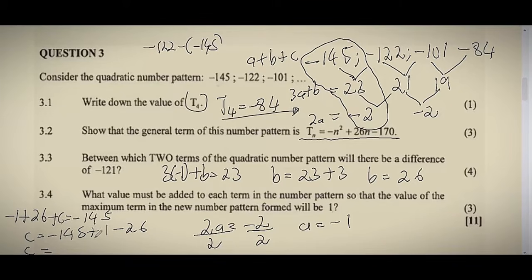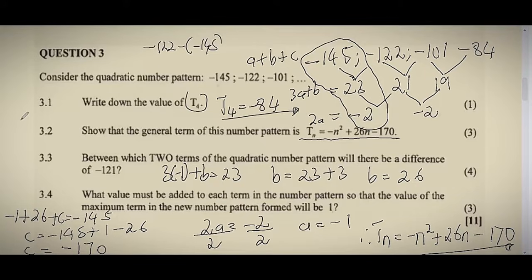That's a -170, right? Now we can see that we are definitely correct. A is -1, B is 26, and then C is -170. Therefore, we can now clearly say that Tn is equal to -n squared plus 26n minus 170. Just like that, you are correct.